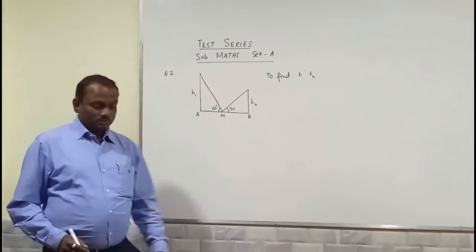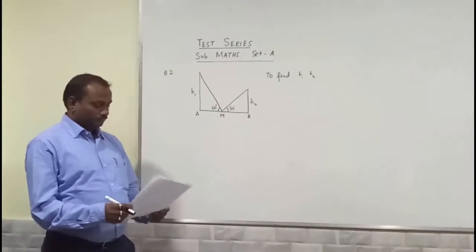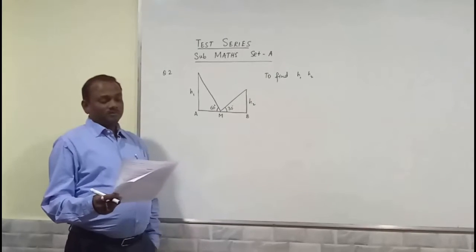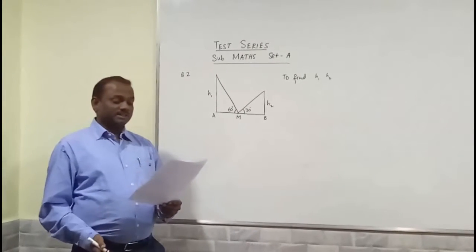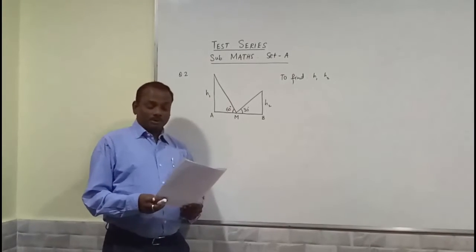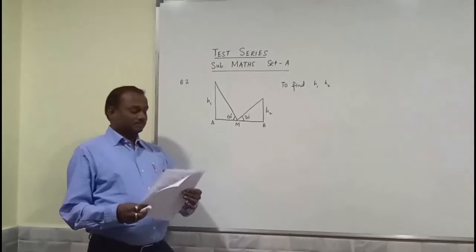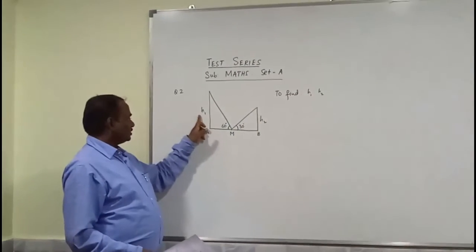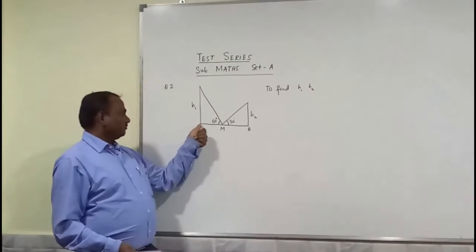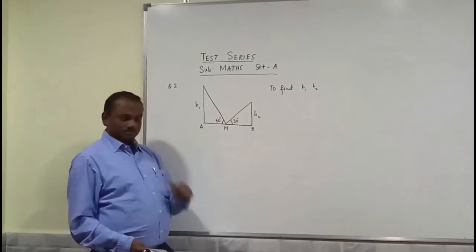Now here the question says that two towers of height h1 and h2 subtend angles of 60 degree and 30 degree respectively at the midpoint of the line segment joining their feet. Now these are two towers, as you can see over here, height h1 and h2, and their feet are joined by line segment AB.